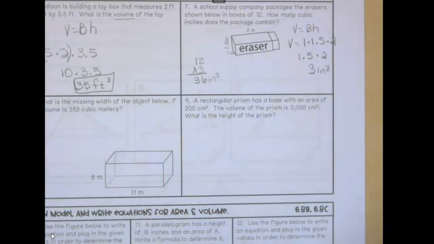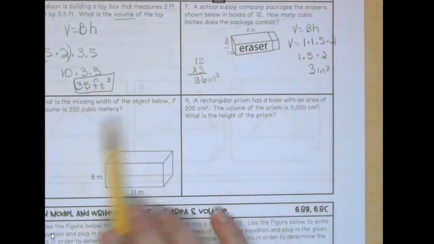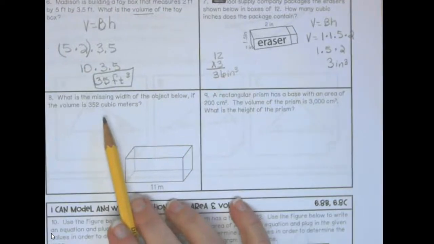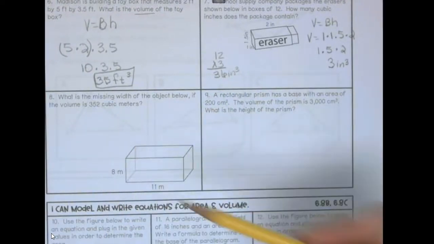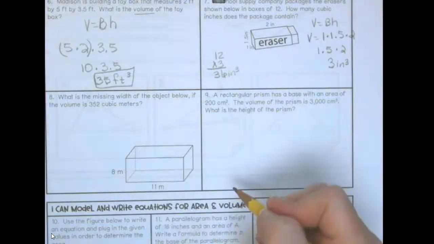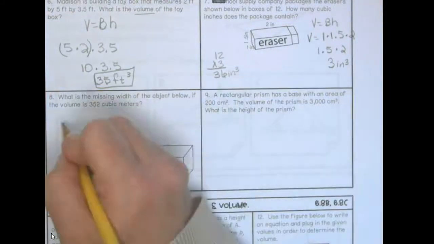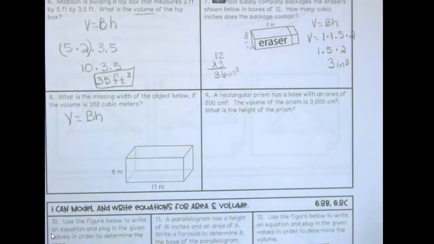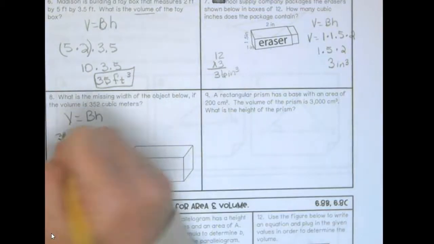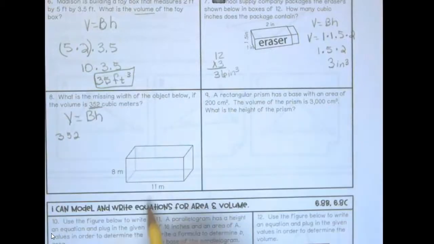What is the missing width of the object below if the volume is 352 meters? So this is a cube, a rectangular prism. The volume equals big B times H. I know my volume is 352 because that's what it tells me.